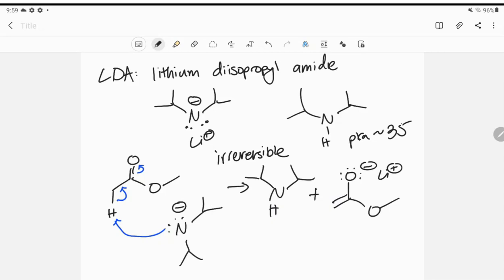Although, if you use an equilibrium style base, hydroxide, with something like a ketone, pKa of 20, because of that equilibrium, you run into some problems, potentially. So let's take a look at that. With these irreversible ones, you go fully all the way to your enolate. And we're going to see how those are used later on.